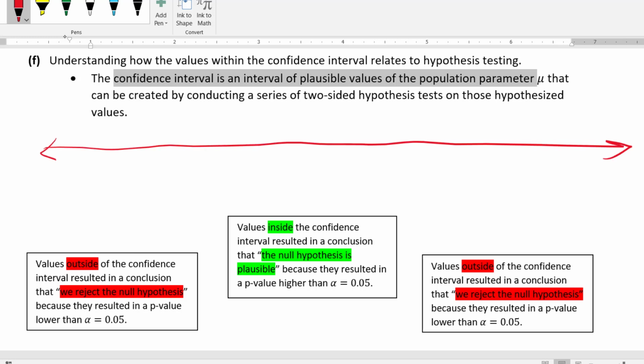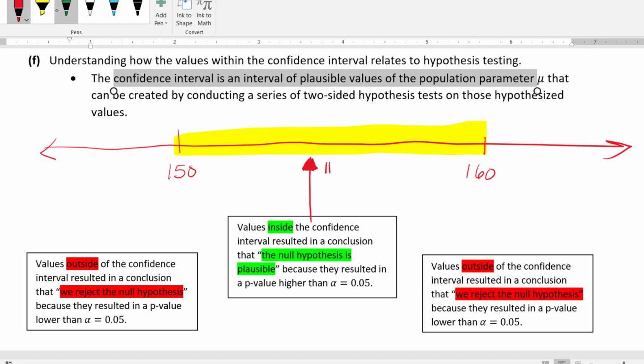Our confidence interval ranges from 150 up to 160. What we're saying here is that the values between 150 and 160 are plausible values of mu. If you did a two-sided hypothesis test on any value in this interval, your conclusion would be that this value is plausible.